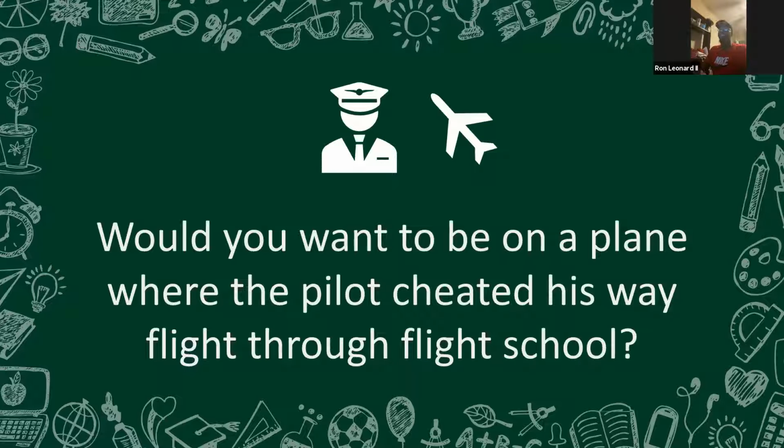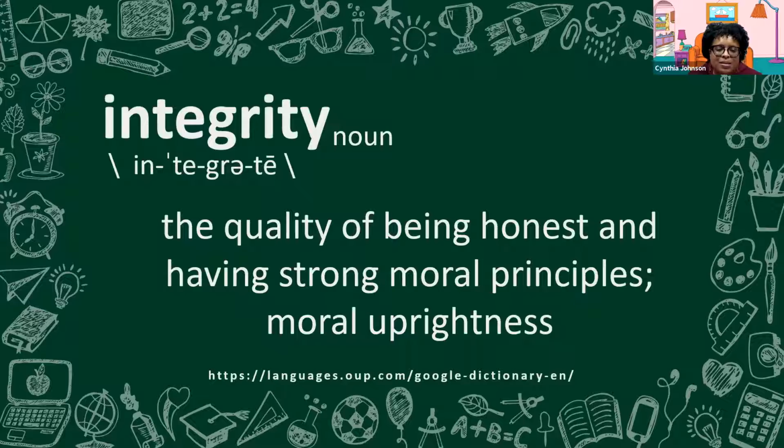So my last definition for you this evening is integrity. Integrity is the quality of being honest and having strong moral principles and moral uprightness. There are a lot of things about you that can change. Your grades can change.